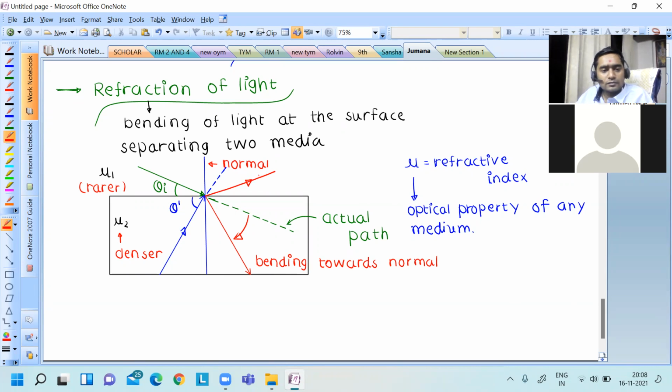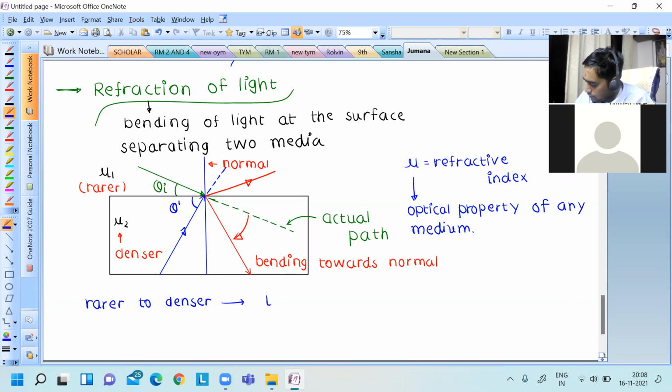So this is called denser to rarer. Whenever light moves from denser to rarer, it bends away from the normal, and from rarer to denser, it bends towards the normal. Let me write down rarer to denser.